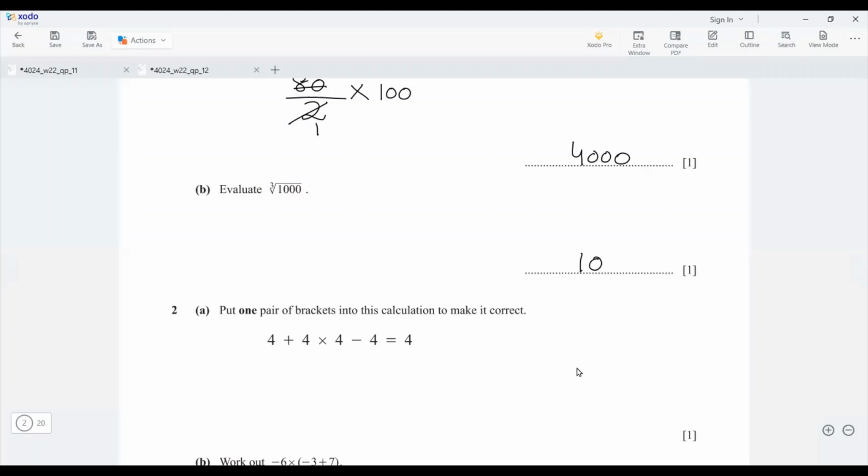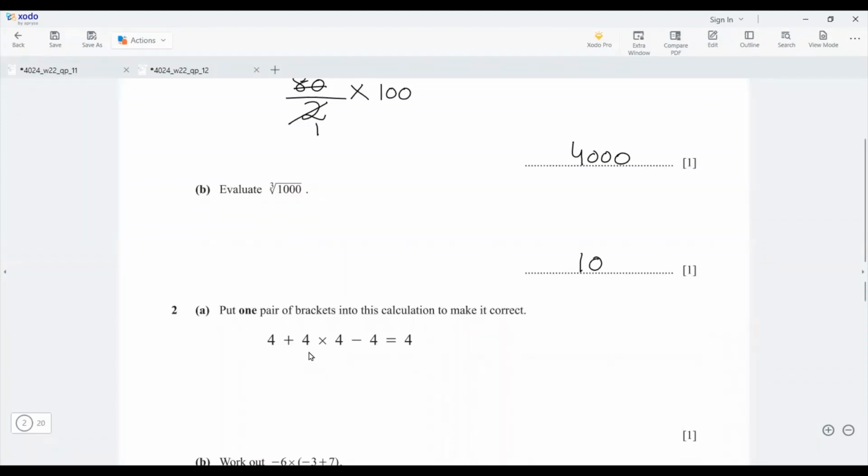We can start from the very beginning, 4 plus 4. If we apply brackets here, the result is 8. 8 times 4 is 32, minus 4 is 28. It is not giving 4.